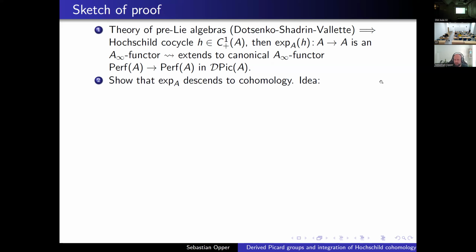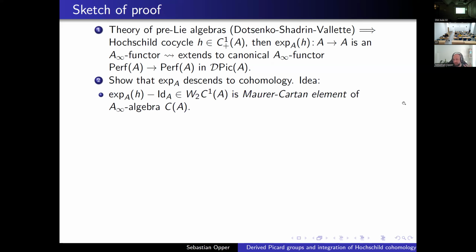And the trick is to phrase this in a completely different way. So I said, this thing, exponential of A of H, has as its first Taylor coefficient, the one which is just the arity one operation, the identity. So if I just discard this, I get an element in here.